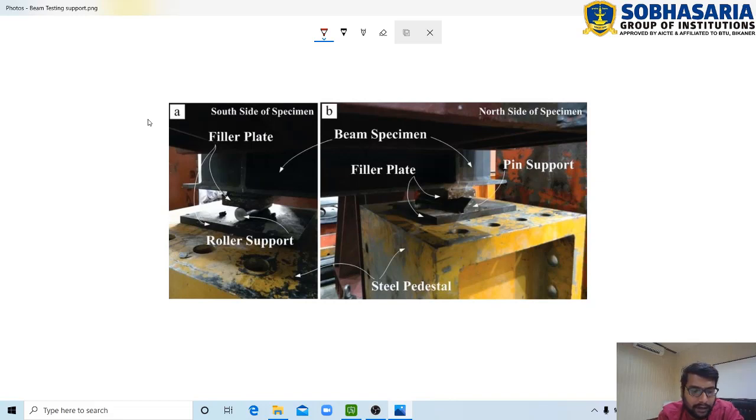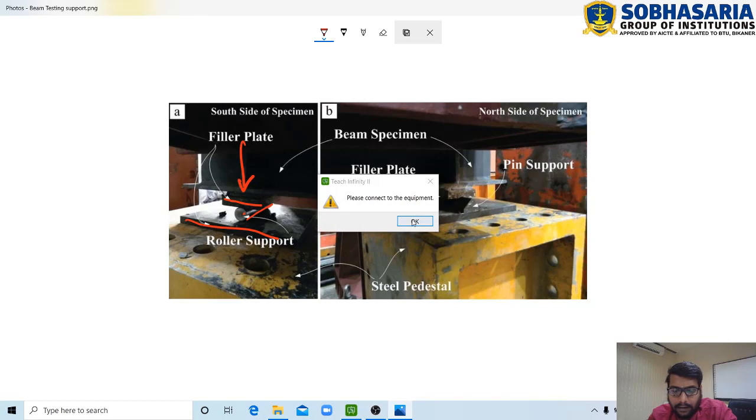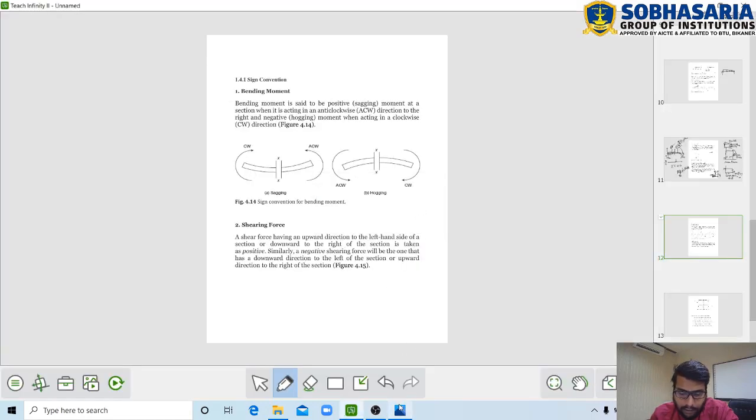You can see here a roller support, this is a roller, you can see this is the plate, this is the pedestal plate, and a roller is placed on top of it, there is a plate and the beam is loaded, right. So this support is a roller support, and the other end you will see is a pin or hinge support.